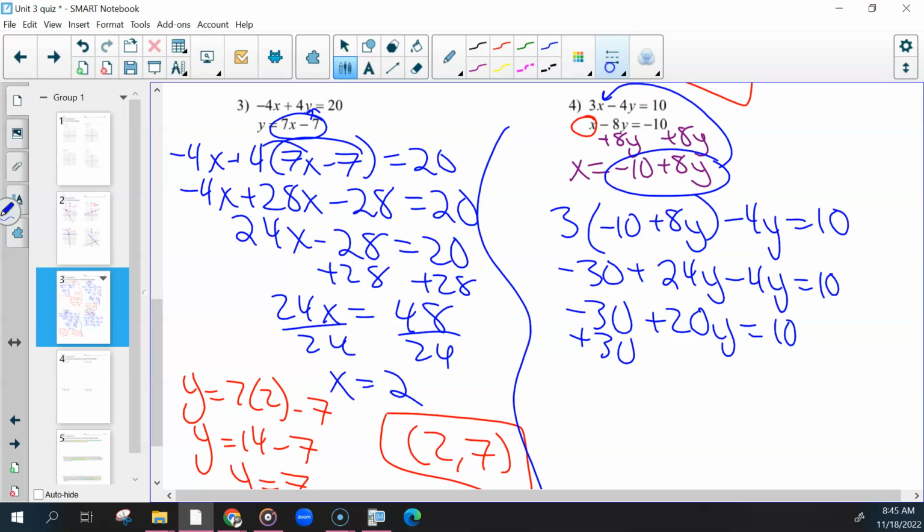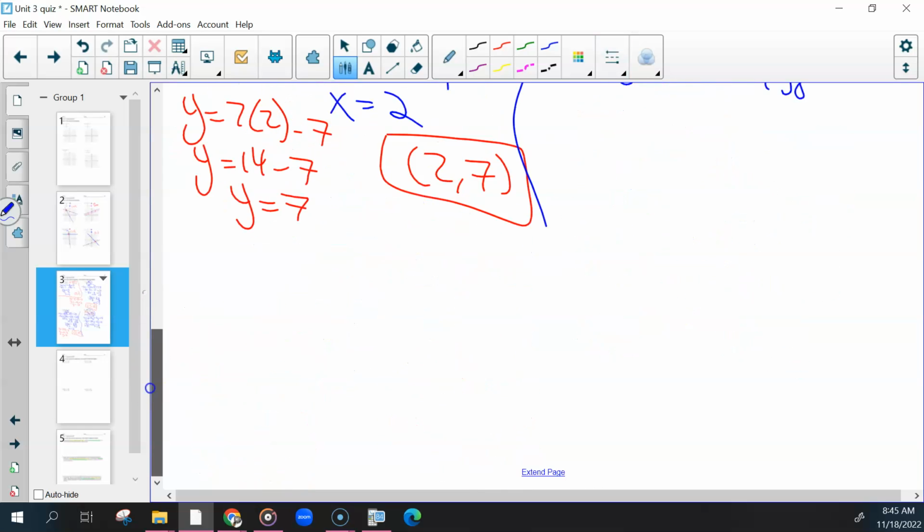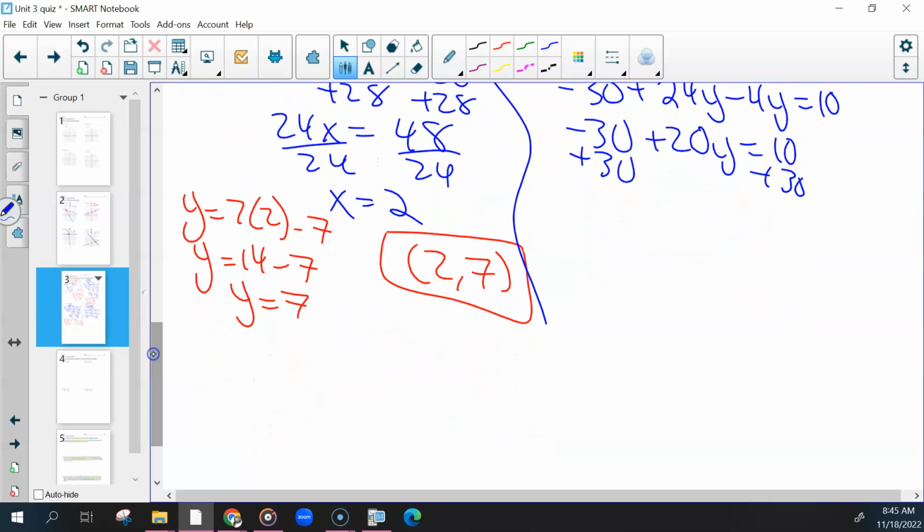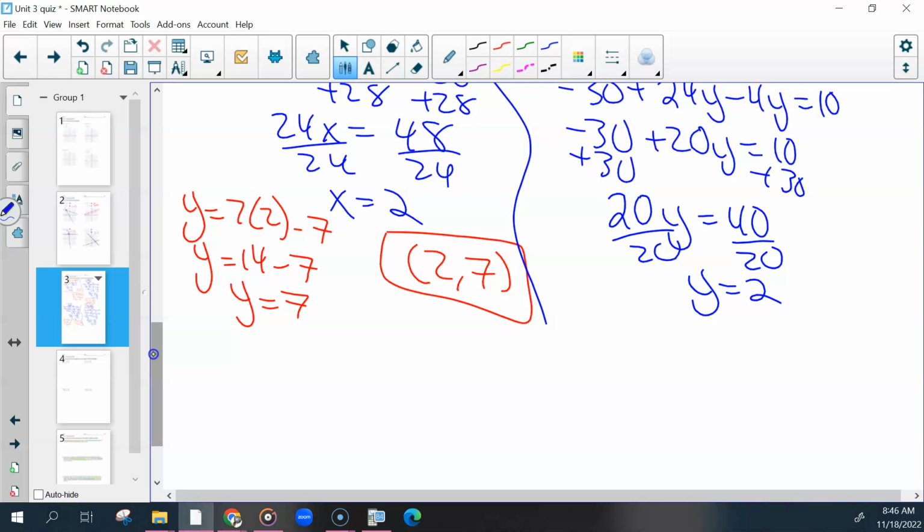Get rid of your 30. And when you divide, y equals 2. After you find your y, put that back in for one of your equations, find x.